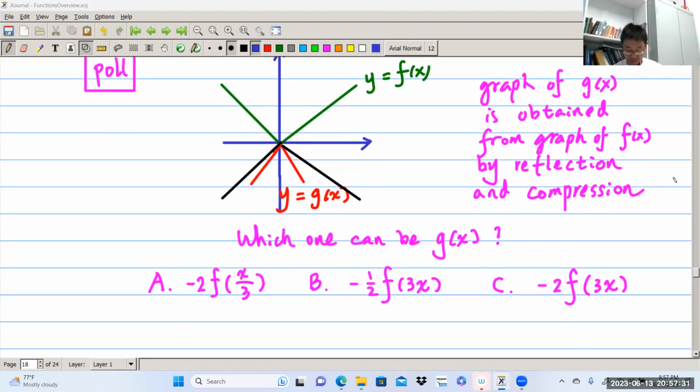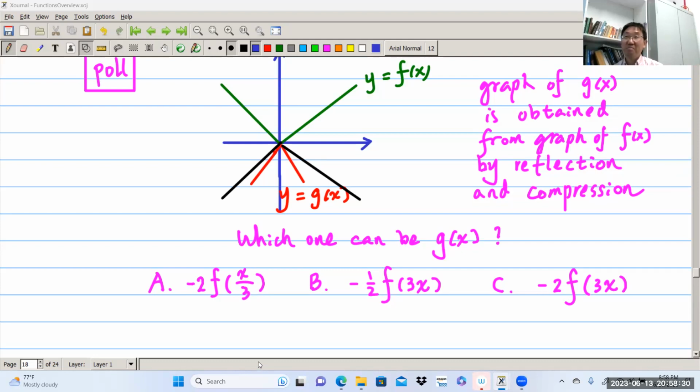Think about it, okay? Which one is the correct form for g of x?